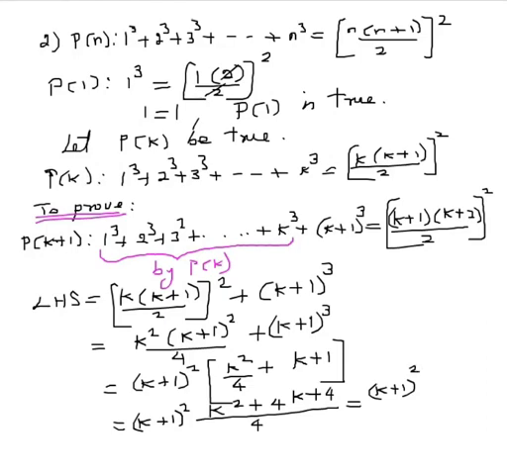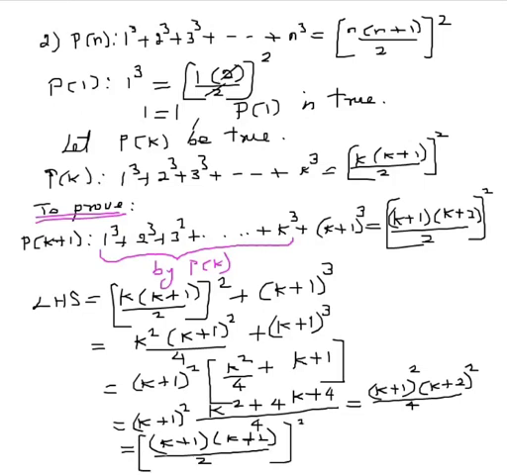K square plus 4k plus 4 is the expansion of k plus 2 the whole square by 4, which can be written as k plus 1 into k plus 2 divided by 2 the whole square. And this is the right hand side of P of k plus 1 statement. We have proved. So let us write the conclusion.